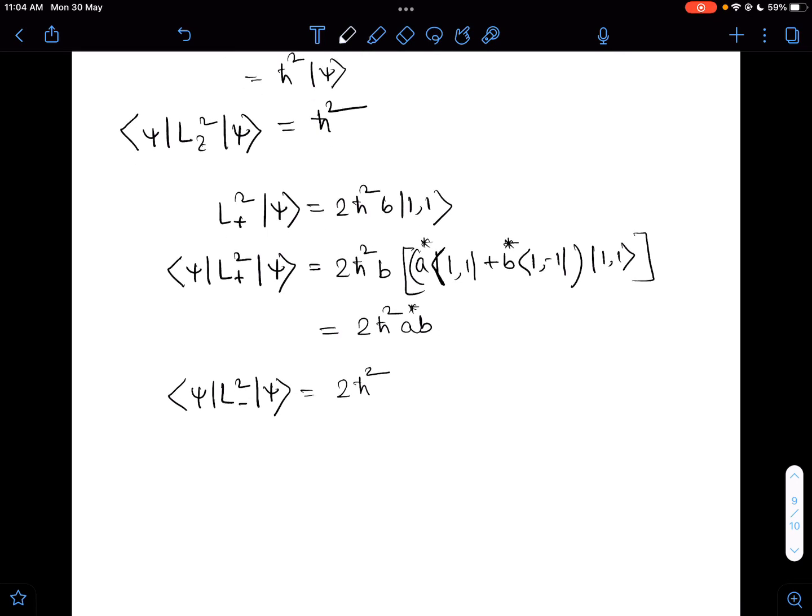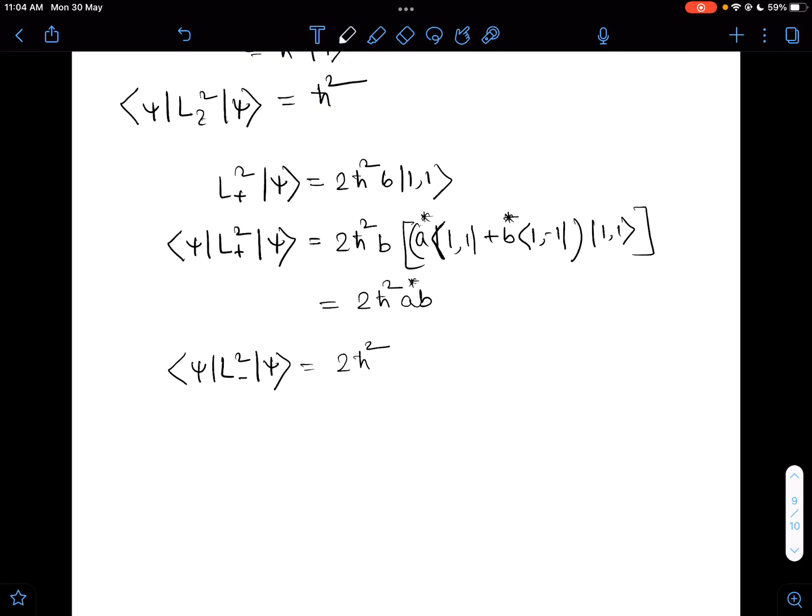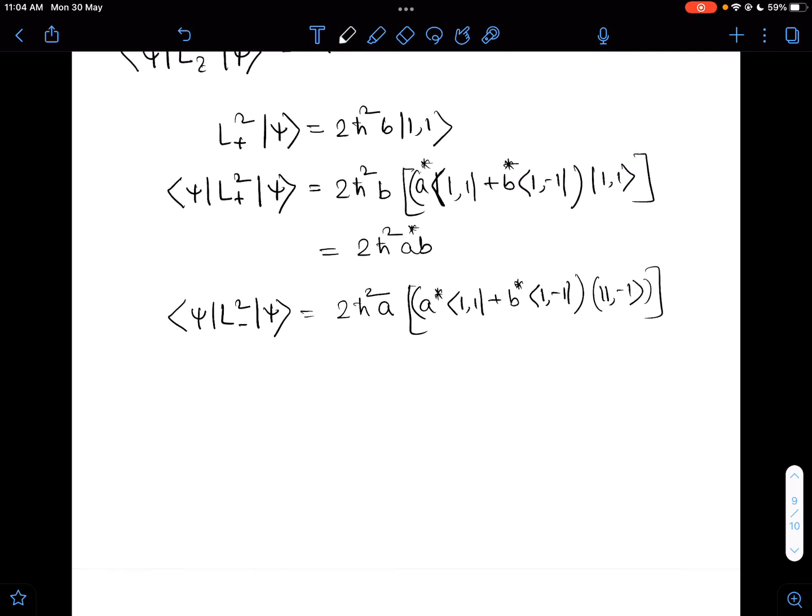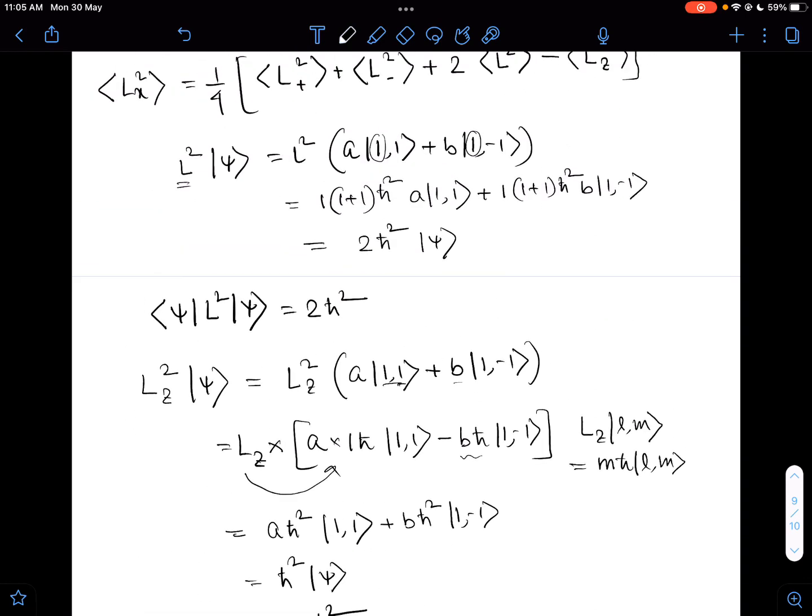We have 2ħ squared A, and here we have psi as A star <1,1|, B star <1,-1|, and this term we know is |1,-1>. So what will be the value? We will get 2ħ squared, and here we have A B star. So this is our L minus squared expectation value.